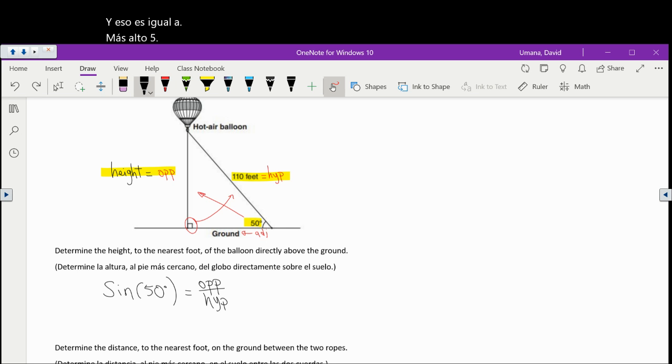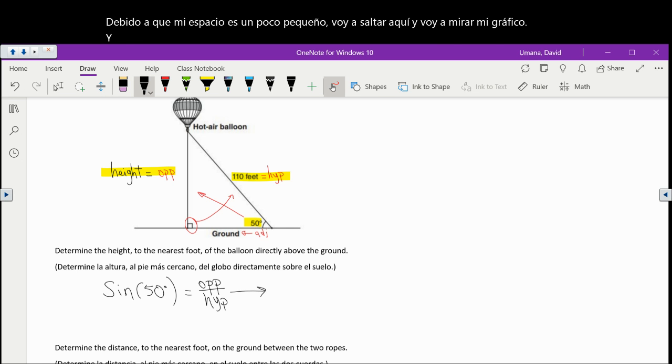So with that in mind, because my space is kind of small, I'm going to jump over here and look at my chart and find what is the sine of 50 degrees. So can somebody look at the chart and give me the sine of 50 degrees? 7, 6, 6, 0. 7, 6, 6, 0. Okay.